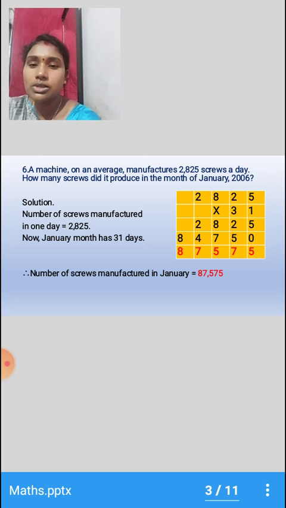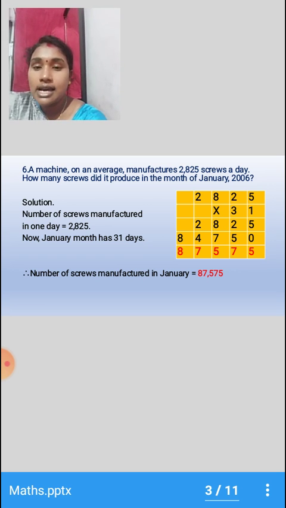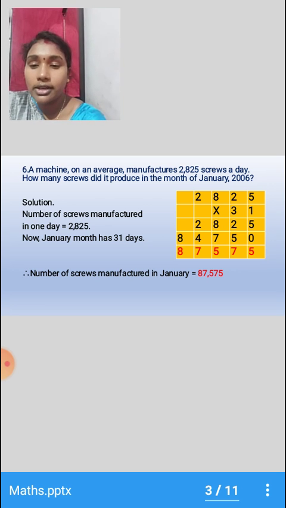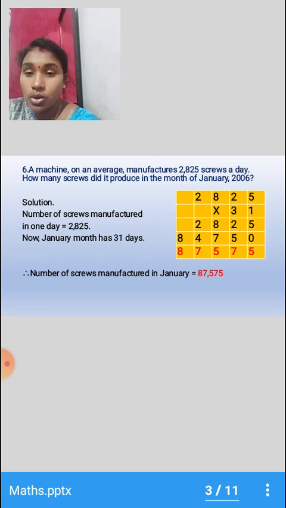How many screws did it produce in the month of January 2006? So how can you find out the solution for this? In a factory, on an average, daily they are producing 2,825 screws. So how many screws are they producing for the month of January?